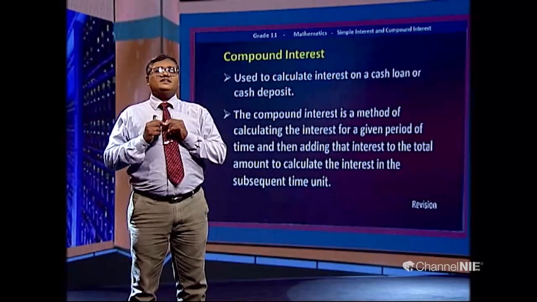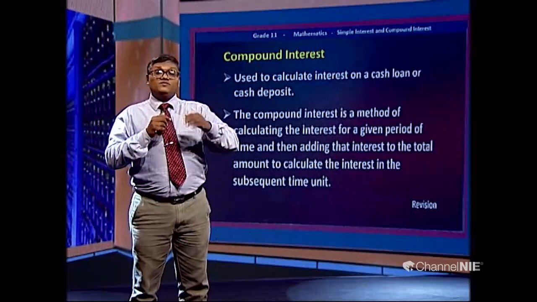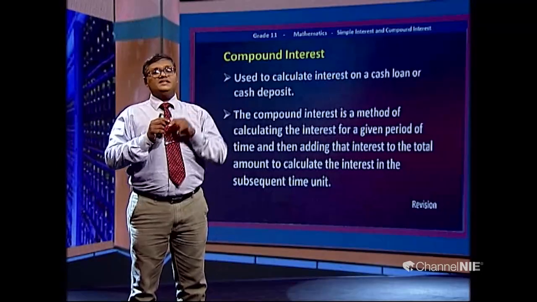Then the second year interest is more than the first year interest in the simple interest method. Why? In the second year, you calculate the interest based on the interest of the first year also. That is why it is something like growing or compounding. That is why they have given the name compound interest.